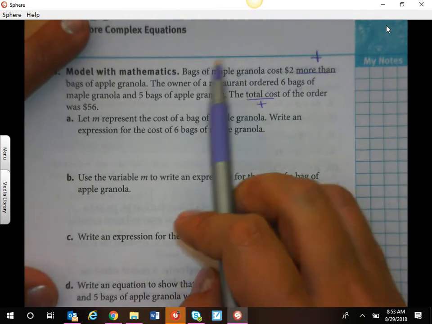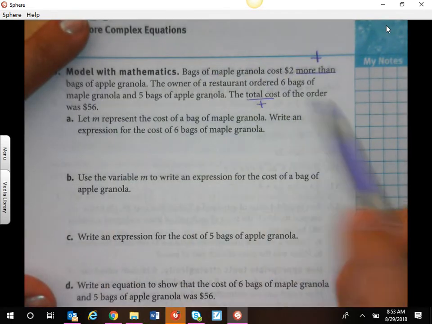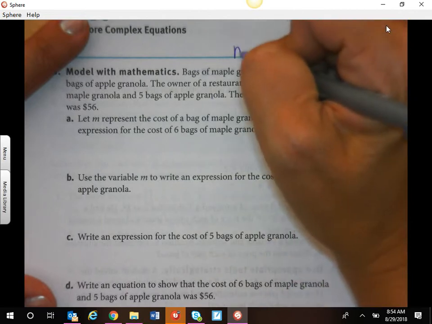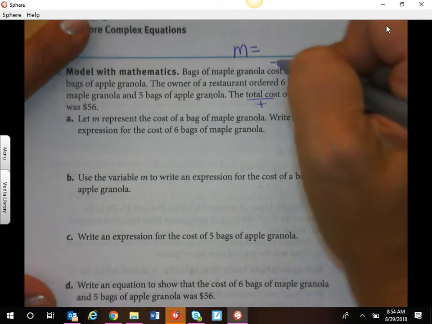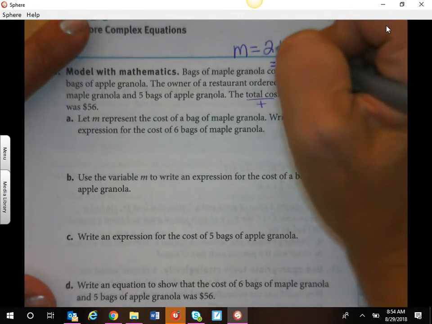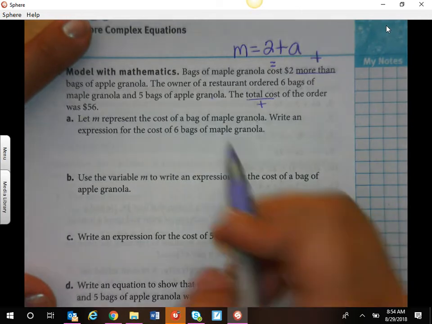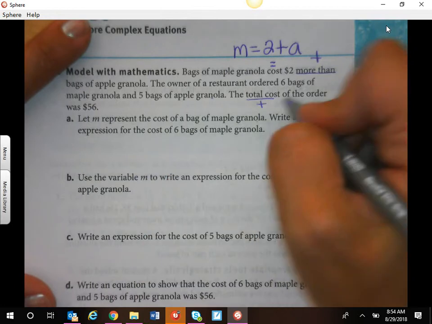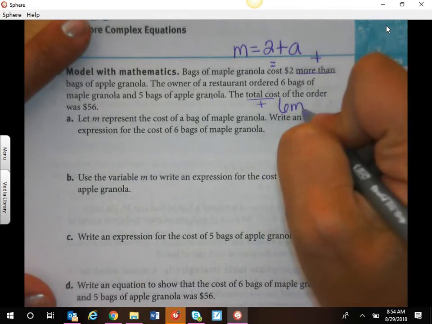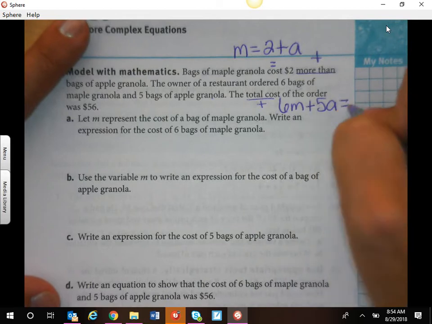So if maple is 2 more than apple, well, maple is, or cost, which is your version of equals, 2 more than apple, because I just want to see what's happening. 6 bags of maple, so 6 maple, and 5 bags of apple, total cost is $56.